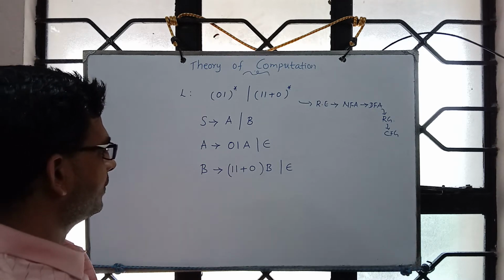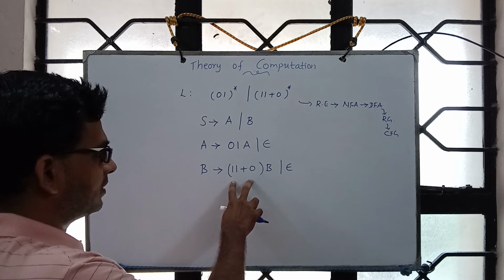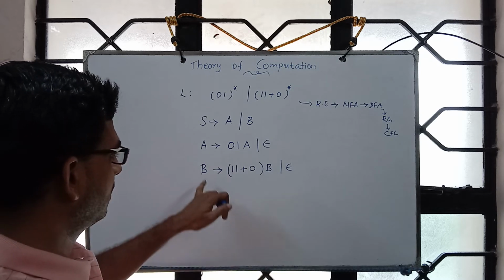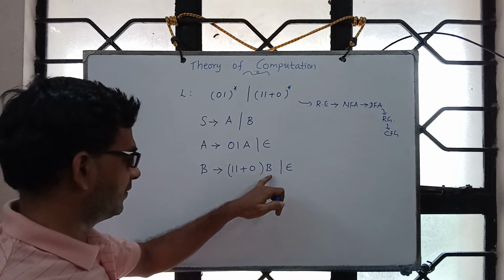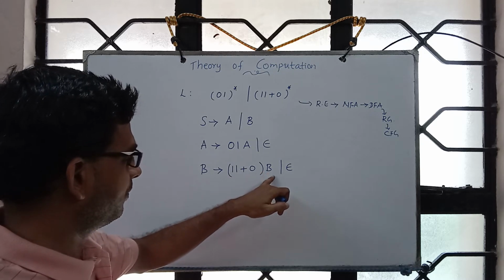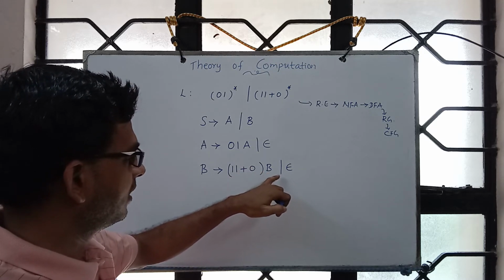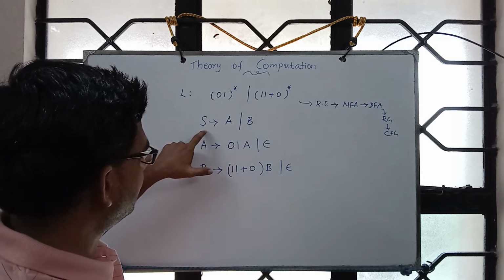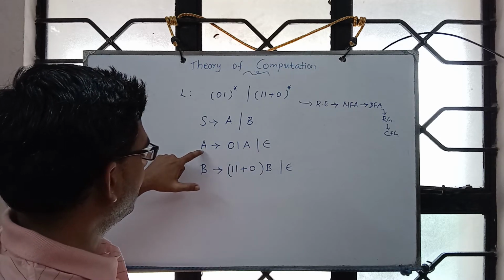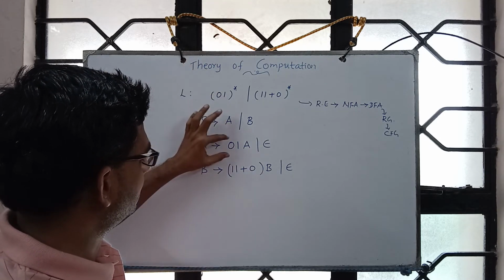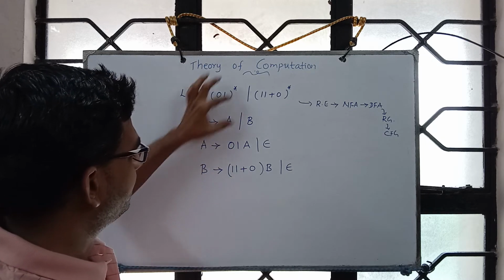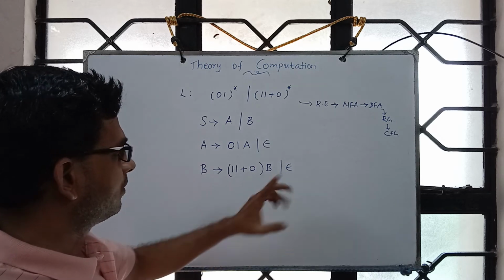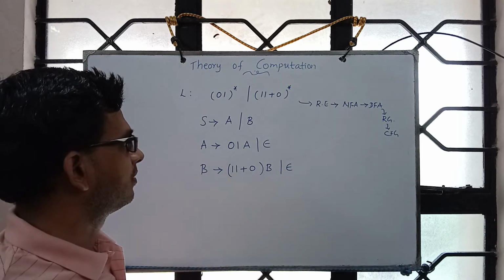So this clearly tells you that 1, 1 plus 0 followed by B, and this you can repeat any number of times. And for this B again substitute, 1, 1 plus 0 B, again 1, 1 plus 0 B, and so on. So now this clearly tells you that S implies A or B, and A implies this Kleene star, and B implies this Kleene star, 1, 1 plus 0 B followed by epsilon.